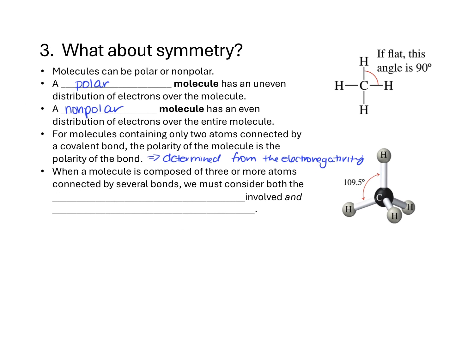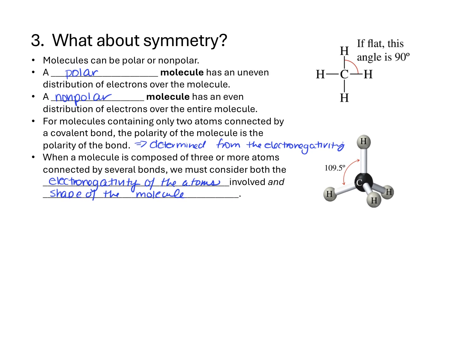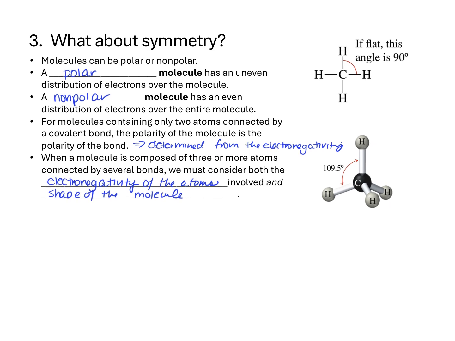Now, when a molecule is composed of three or more atoms connected by several bonds, we have to consider both the electronegativity of the atoms that are involved and the shape of the molecule.